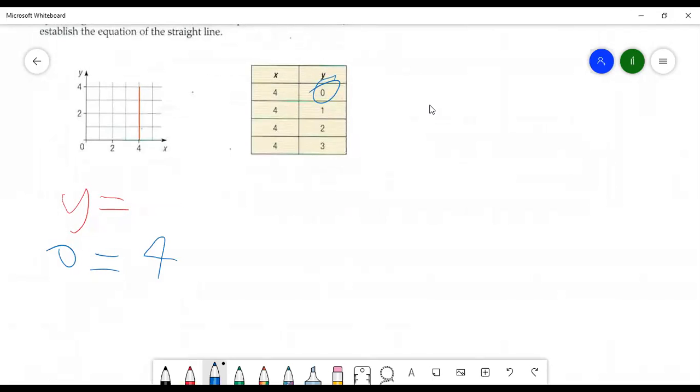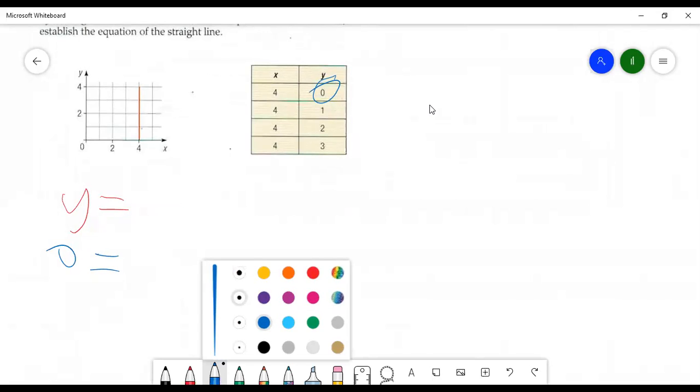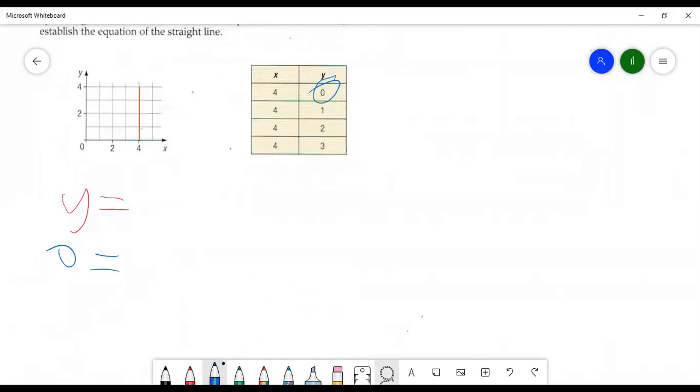No, you cannot do that. 0 doesn't equal 4, but because all values of x are equal, our function in this case is not going to be related to y, but with respect to x.